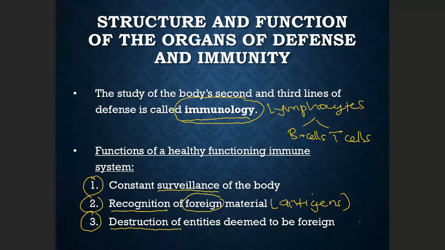So antigens can be anything that is actually causing disease in our body and provoking the immune system. That's what we call the antigens. It might be bacteria, viruses, allergens, worms, parasites, or even sometimes our own cells become antigens in our body and cause disease.